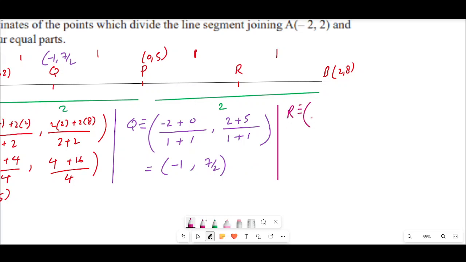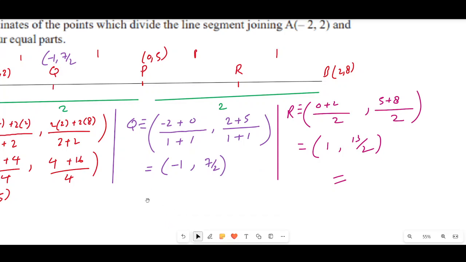R will be 1:1, that means the middle point, that means here we will put 2, here we will put 2, then add 0 plus 2 and 5 plus 8. So 2 by 2, that will be 1, and 5 plus 8, that will be 13 by 2. Clear? This is the value of P, Q and R.